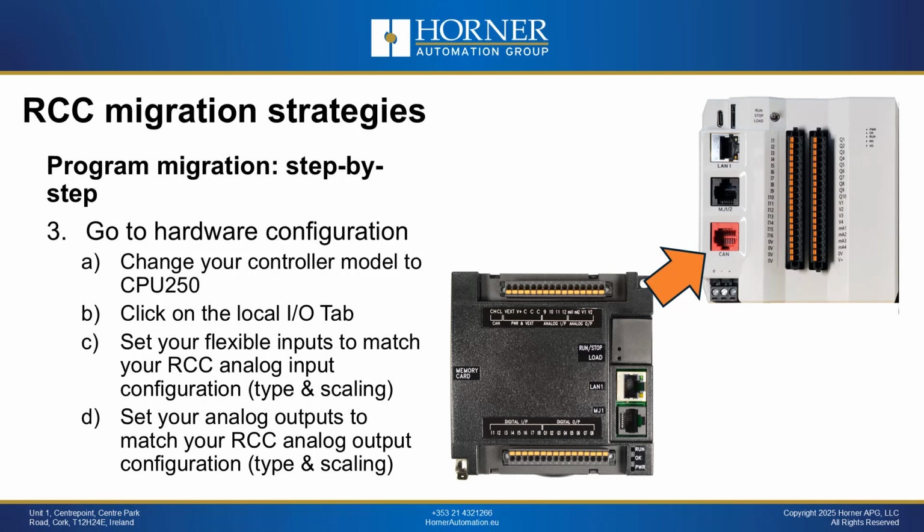Then you are going to go into the local I/O tab and do the configuration that is required. Most of your configuration, and you will see this in the demonstration, is going to be in the flexible input section and the analog output section of the CPU250, because that is where your analog is required.